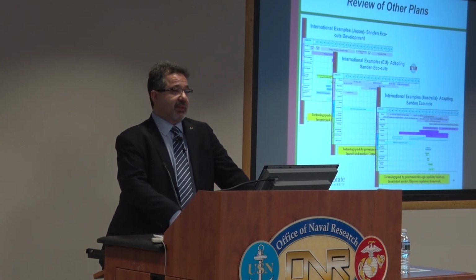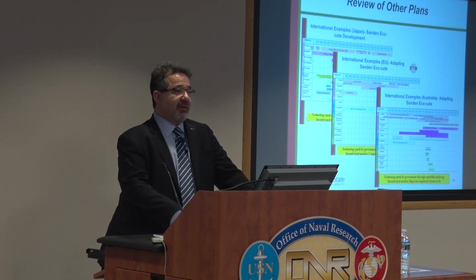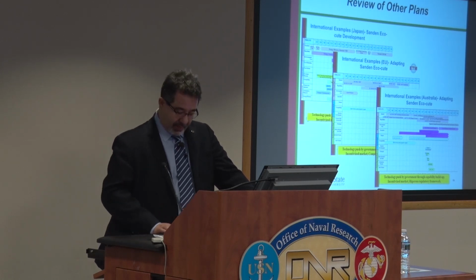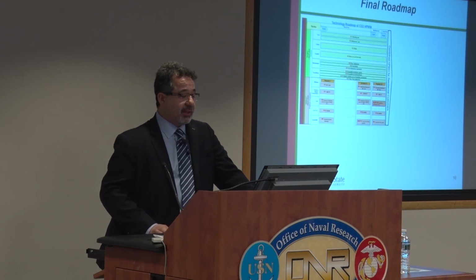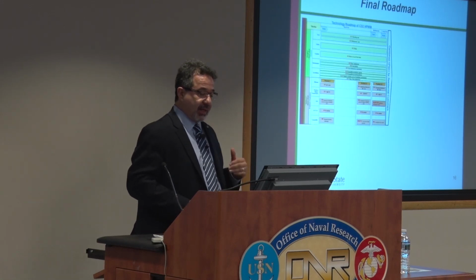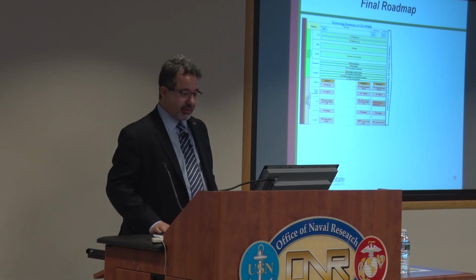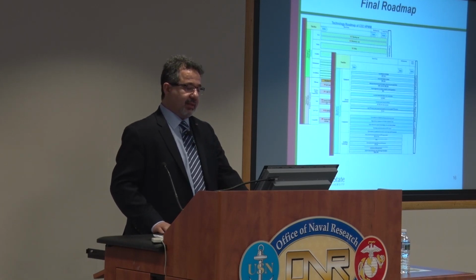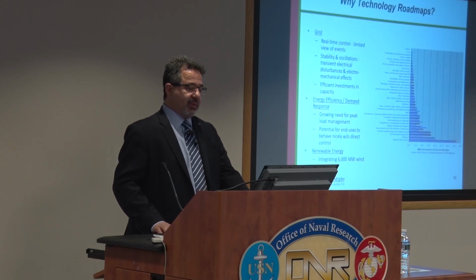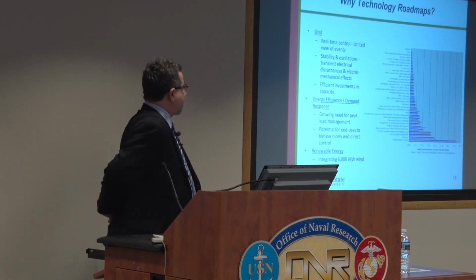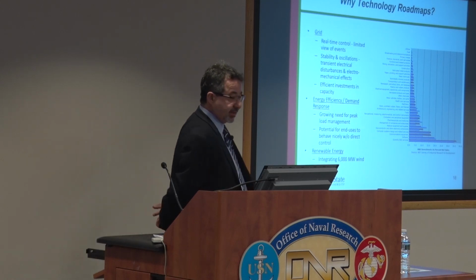Because if the technology is not adopted, we won't have the energy efficiency that we're planning, right? That's one of the most important things. And then the final roadmap basically showed the drivers and then what the features will be in the future, and then the different enabling efforts.